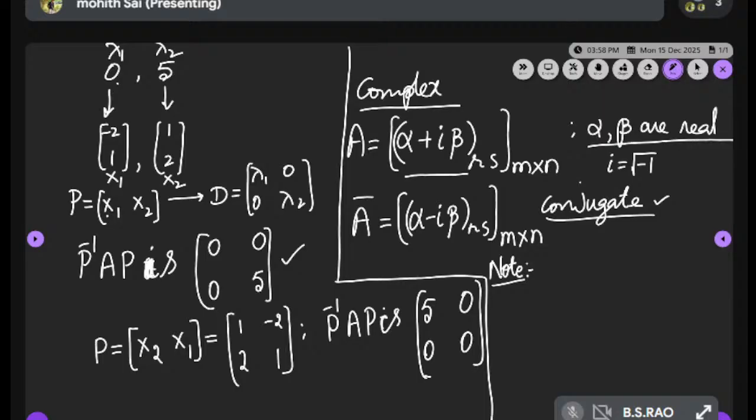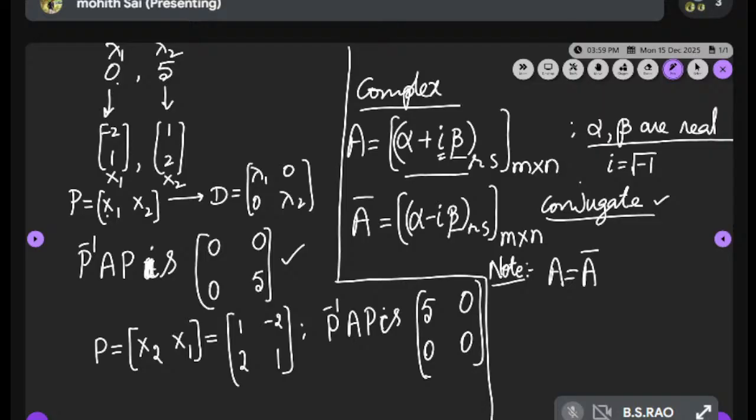If there is no imaginary part, or the imaginary part is 0, we call it a real matrix.